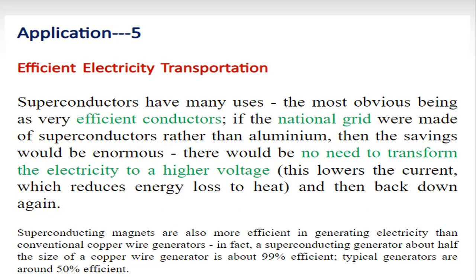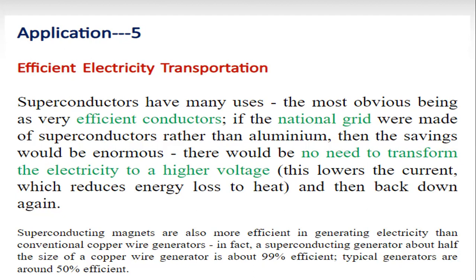The superconducting magnets are more efficient in generating electricity than normal conventional copper wire. Therefore superconducting generators can be half the size of a copper wire generator, and they are very efficient, around 50% more efficient when compared with normal copper wires and so on.